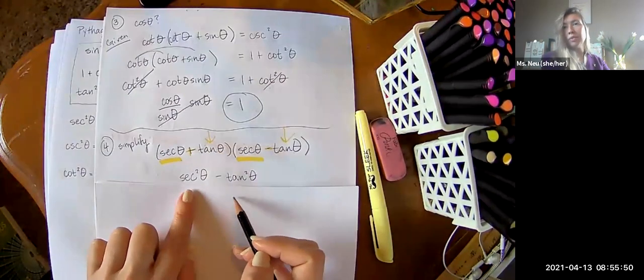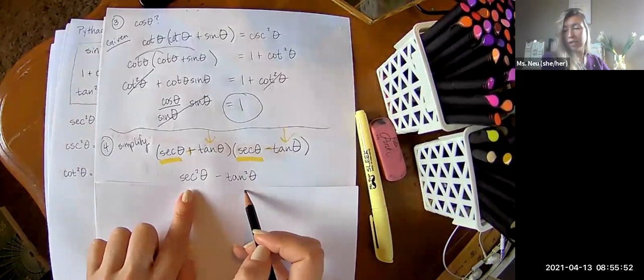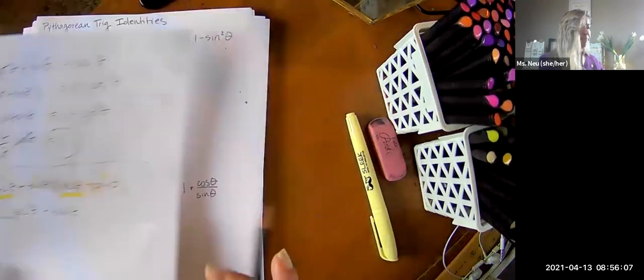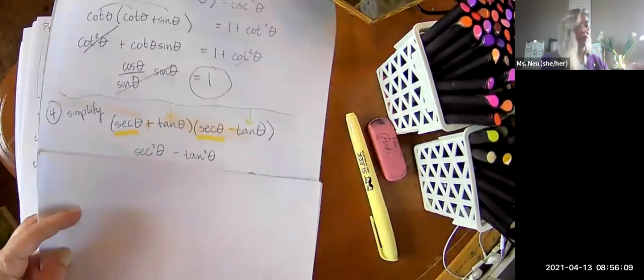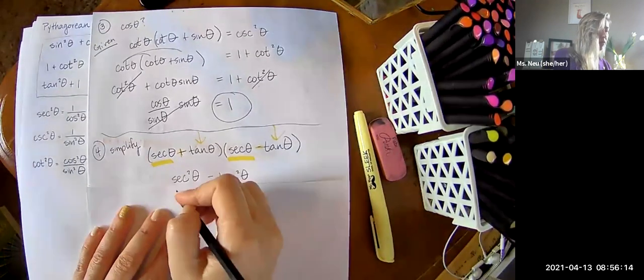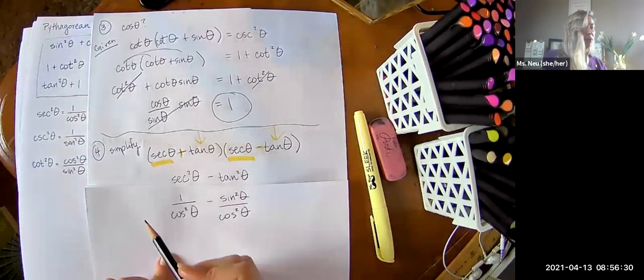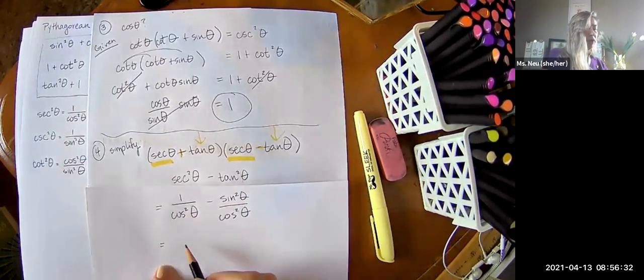And then this secant squared theta minus tangent squared theta, I'm going to rewrite the secant, and that is 1 over cosine squared. And then tangent, remember, is sine over cosine also. So I'm going to rewrite that as well. And now they have common denominators. So I'm going to rewrite this as 1 fraction.